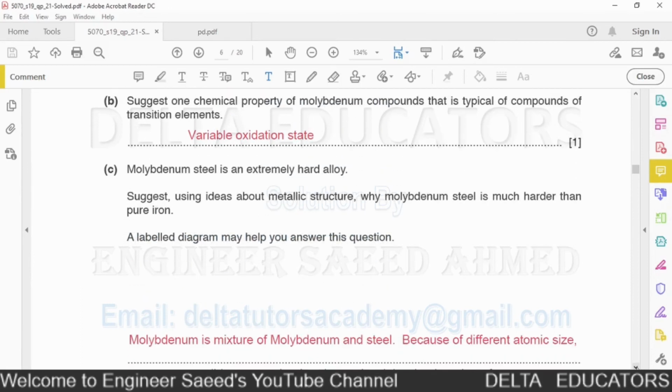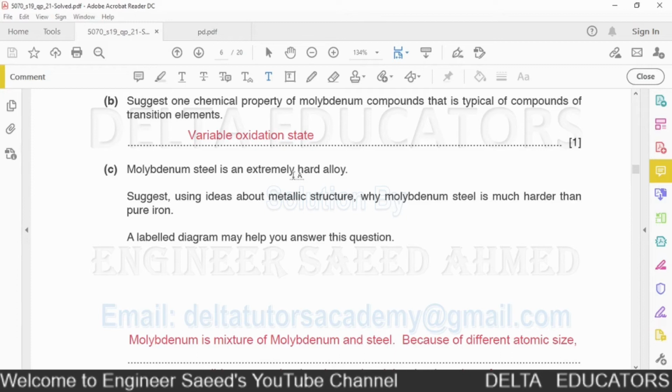Part C. Molybdenum steel is an extremely hard alloy. Suggest, using ideas about metallic structure, why molybdenum steel is much harder than pure iron. A labelled diagram may help you answer this question. Molybdenum steel is an alloy. Alloy means mixture of two or more different metals.